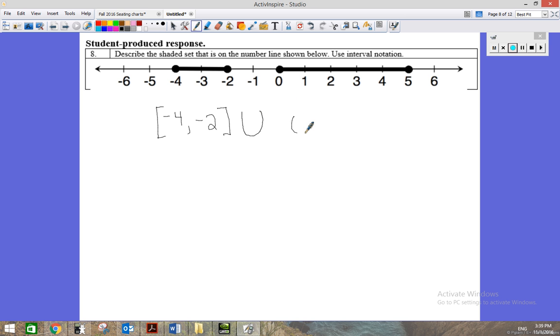And then here, 0 to 5, both endpoints are solid dots, so I use brackets, not parentheses. So either the real number is in this interval from -4 to -2, or it's in this interval from 0 to 5, including all of those endpoints.